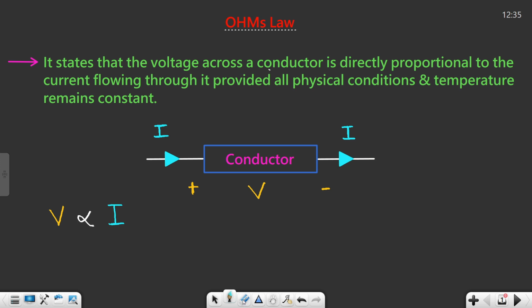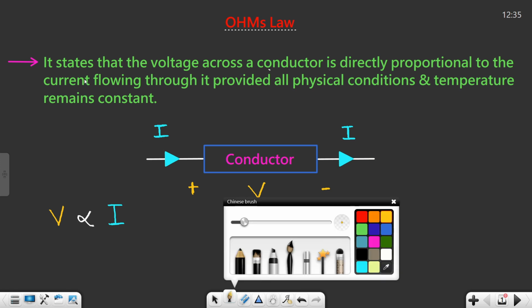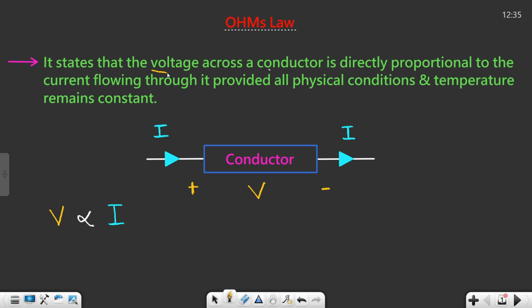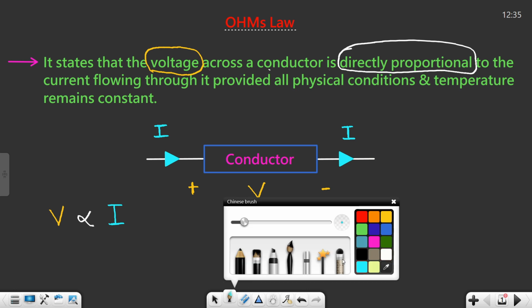Again, I'll just repeat. It states that the voltage across the conductor is directly proportional to the current flowing through it.